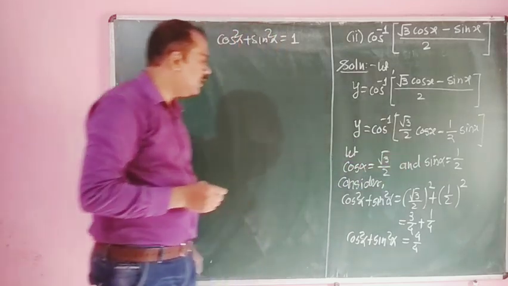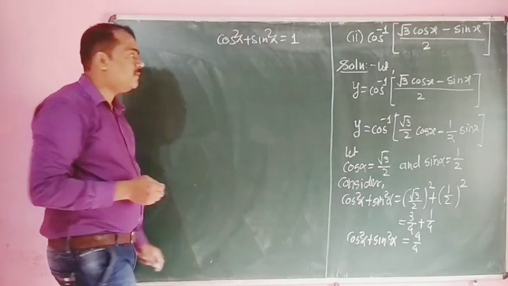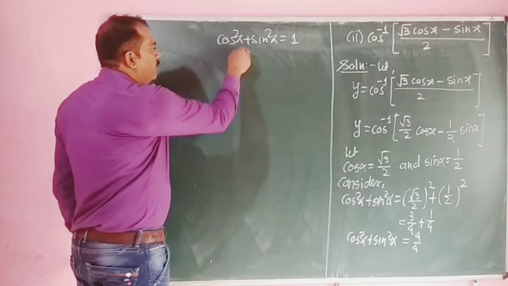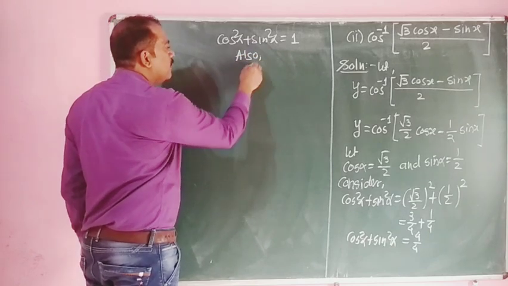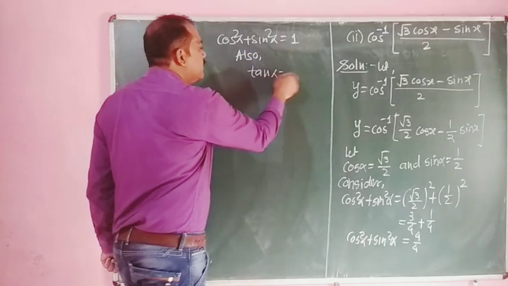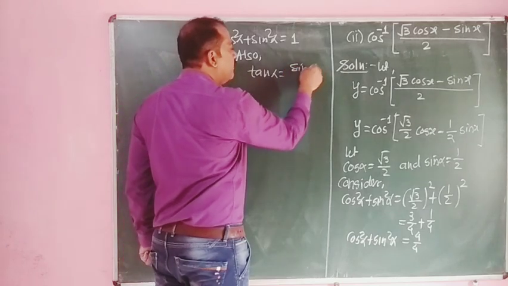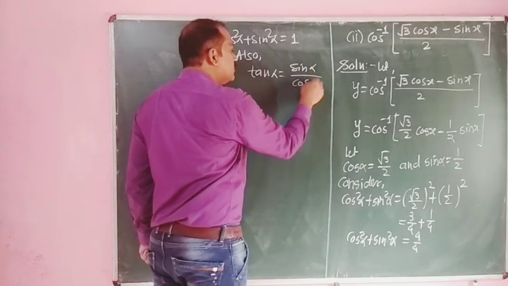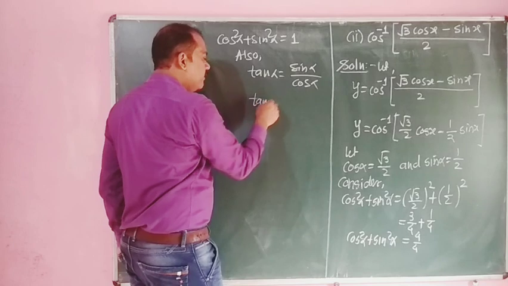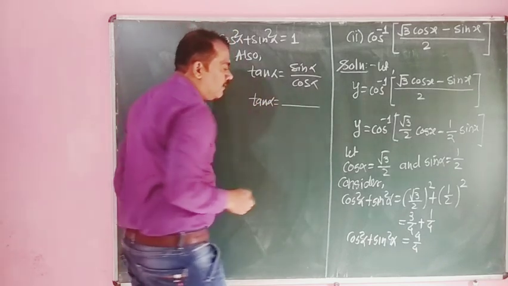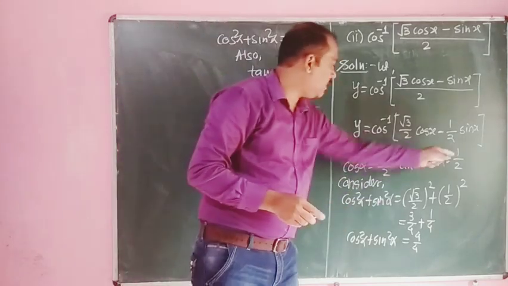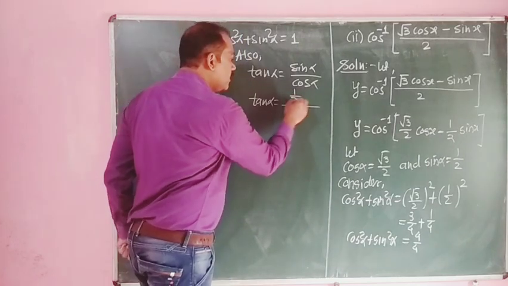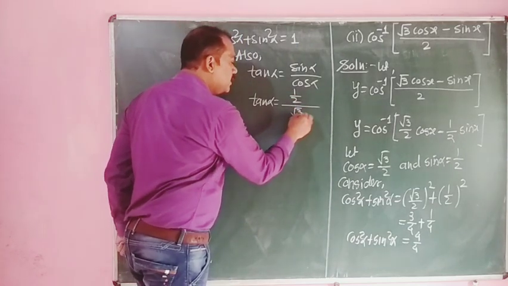Also we have to find the value of tan alpha. Tan alpha is equal to sin alpha divided by cos alpha. Sin alpha is nothing but 1 by 2, cos alpha is nothing but root 3 by 2.